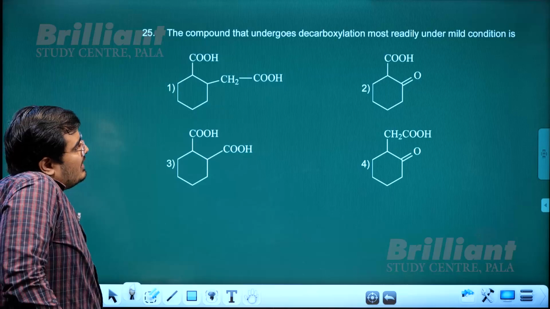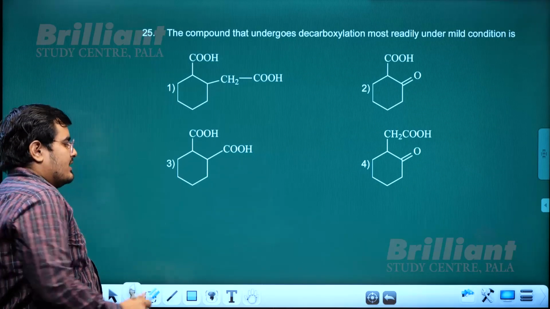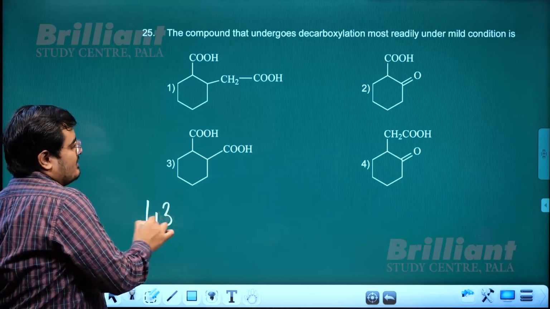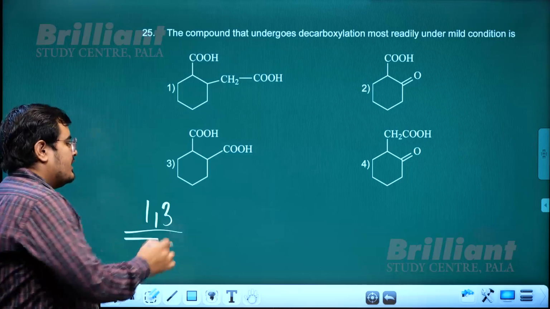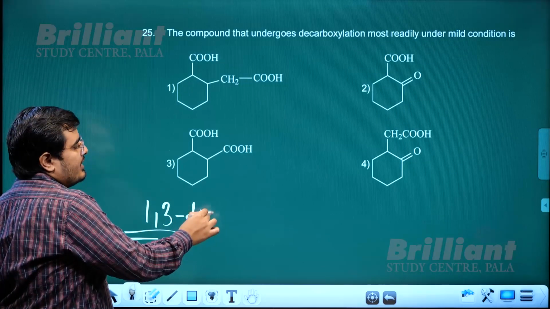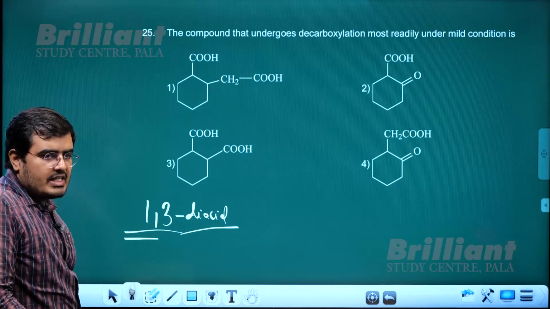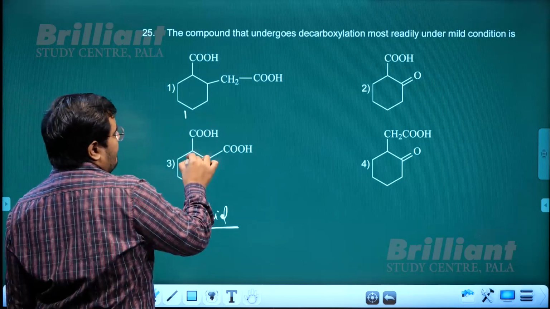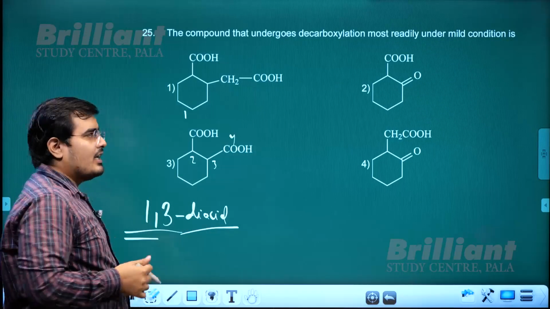Again, the compound that undergoes decarboxylation most readily under mild condition is, I told you, when the two acids have a 1,3 relation with respect to each other. It can be a 1,3 diacid or it can be a beta keto acid. They readily undergo decarboxylation on heating. Here if you see the relation, this is 1,4. 1,4 will actually form the anhydride.